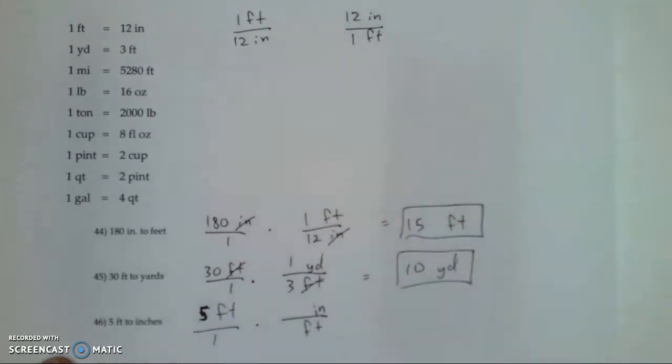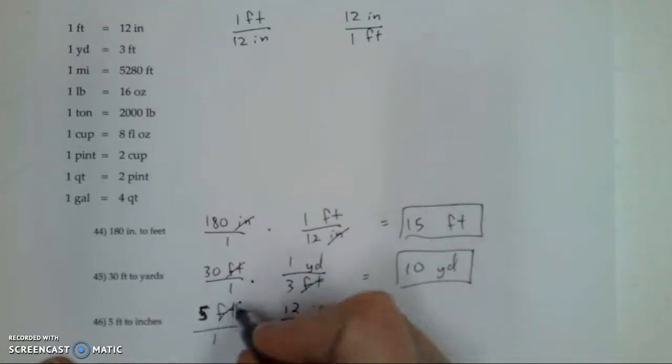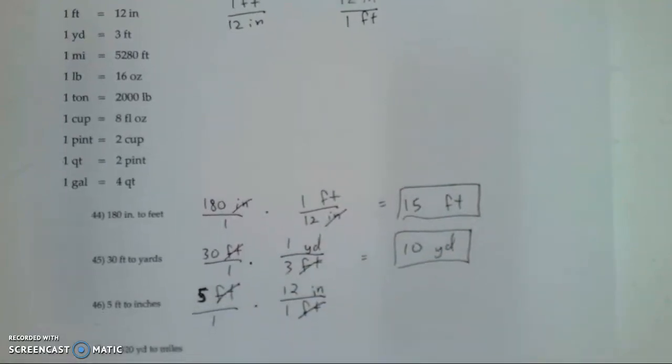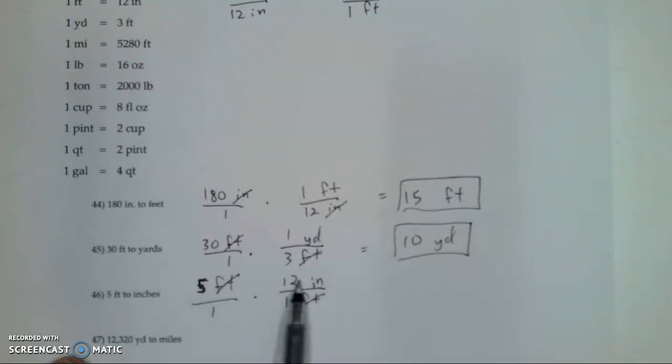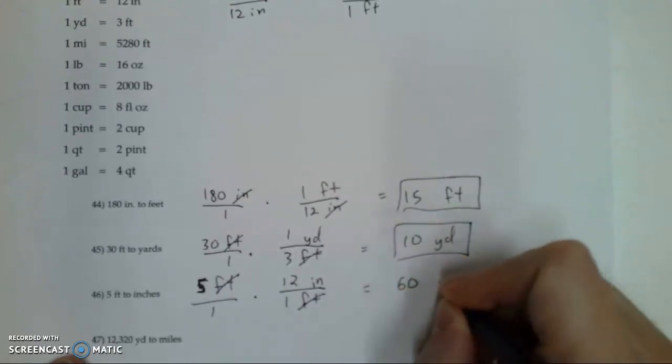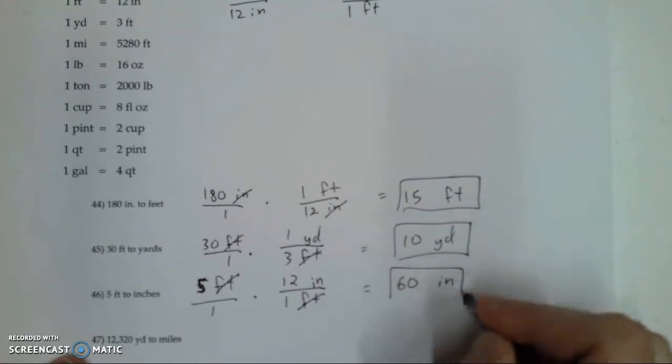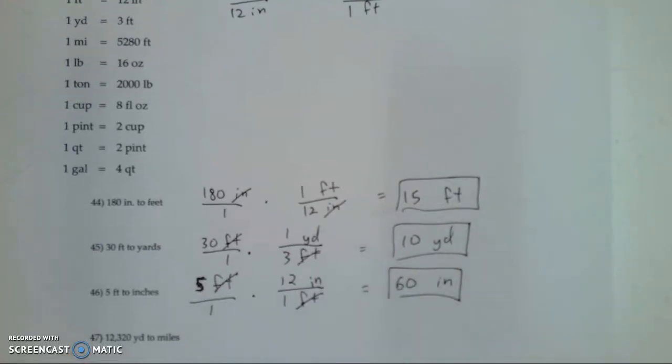So that means I'm going to use this version, 12 inches over 1 foot, because again, I want to cross out the feet and end up with inches. That means this time I'm multiplying, because they're both in the numerators. So as long as I have this fraction set up correctly, my problem should tell me quite clearly what I'm supposed to do. And here I get 60 inches.